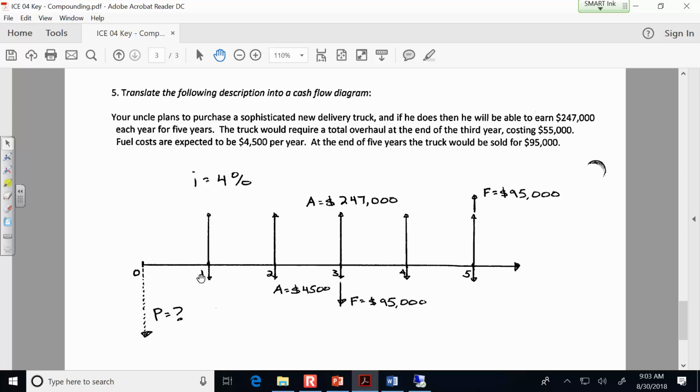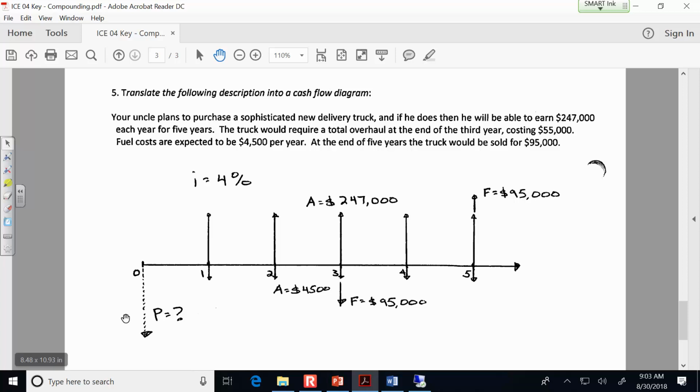And we have cash inflow amounts. $247,000 is going to be coming in. There's the salvage value of $95,000 in the year that the truck is sold. There's the annual fuel costs, and then a refurbishment expense in year 3.